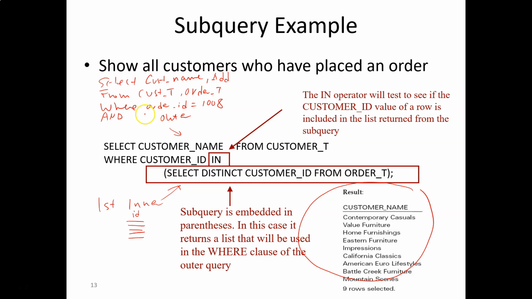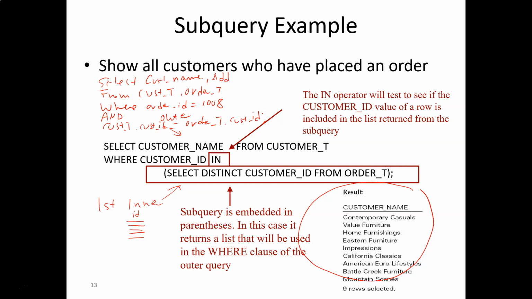Customer table dot customer ID equal to order table dot customer ID. This is one way to solve the problem.